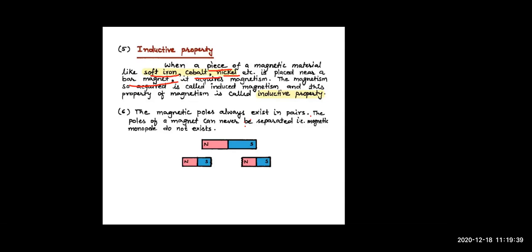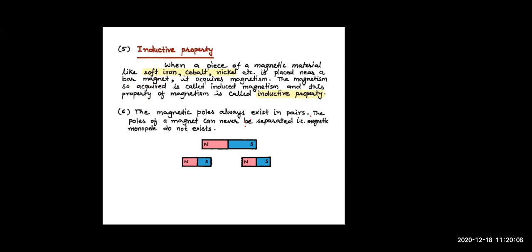It has become a magnet. This property is called the inductive property: the property of a magnet of magnetizing soft iron, cobalt and nickel by placing them very near to a bar magnet without touching it.